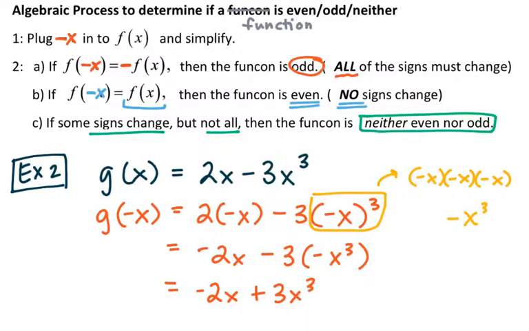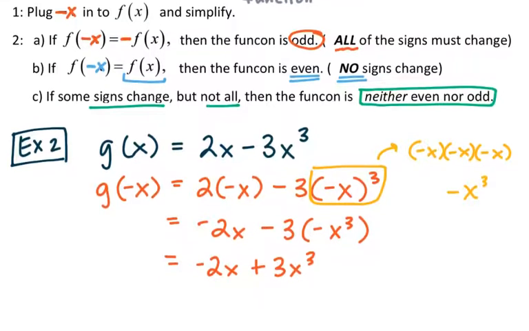So I have negative 2x, and that would become plus 3x cubed. Now we look at our simplified function and ask, how does this compare to the original function? It looks like both of my signs changed. Positive turned negative, and negative turned positive. So all of the signs changed.